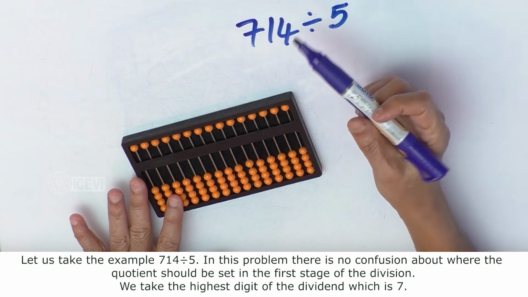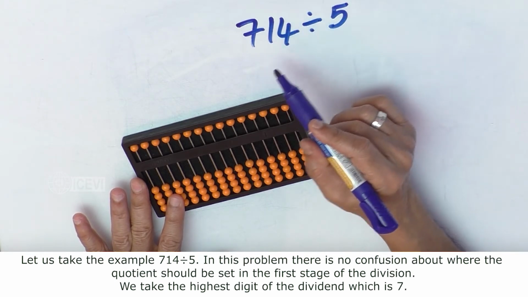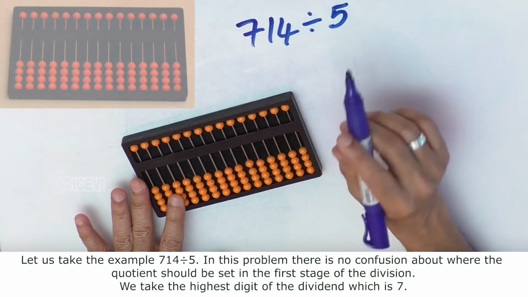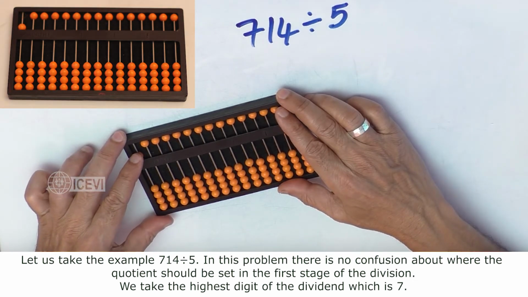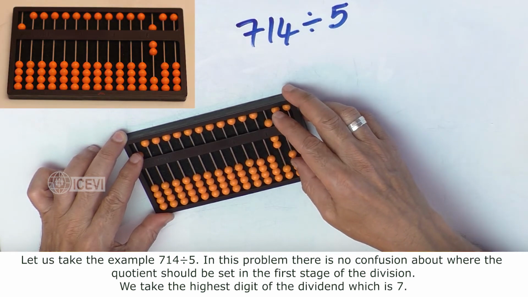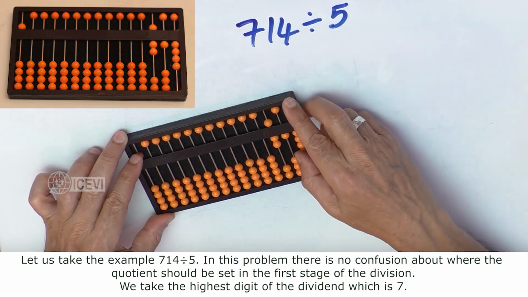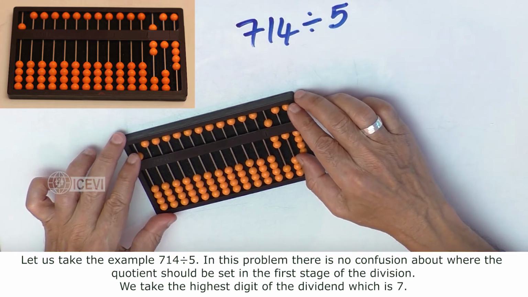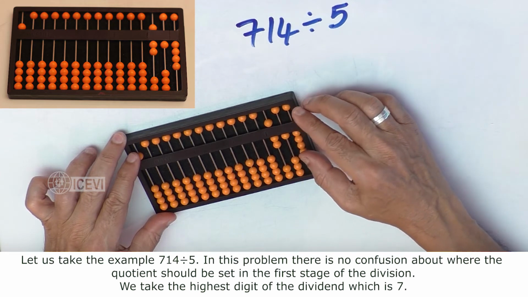In this problem, 714 divided by 5, there is no confusion about where the quotient should be set in the first stage of the division. We set the divisor in the left end of the abacus and set the dividend in the right end of the abacus. We take the highest digit of the dividend, which is 7.